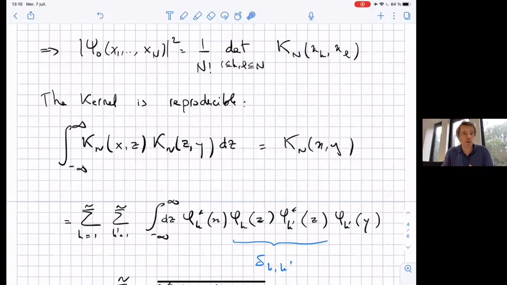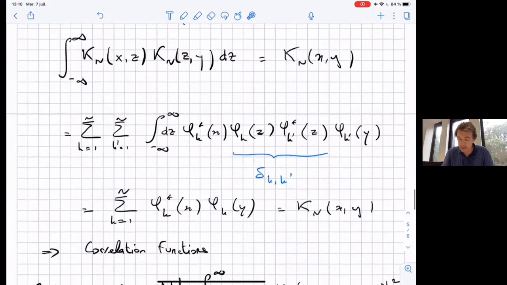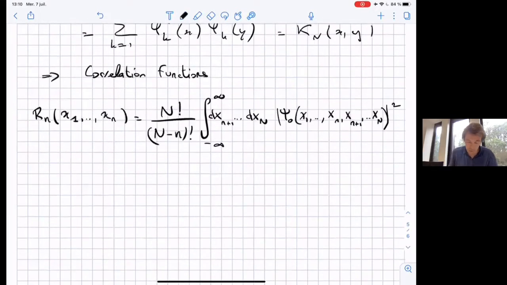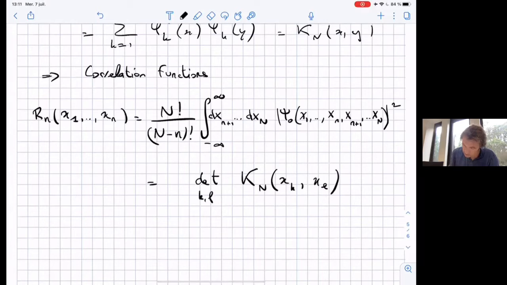And then you start to integrate, for instance, the capital N minus 1 correlation function. So you want to integrate over xn, for instance. And then eventually over xn and xn minus 1, and then xn, xn minus 1, xn minus 2, etc., etc. Now it turns out that this determinantal structure that you have will persist upon integration. And this means more precisely that these guys here will remain a determinant that you will build from your kernel, say, let's denote it k, xk, xl, but now the size of the determinant is small n.